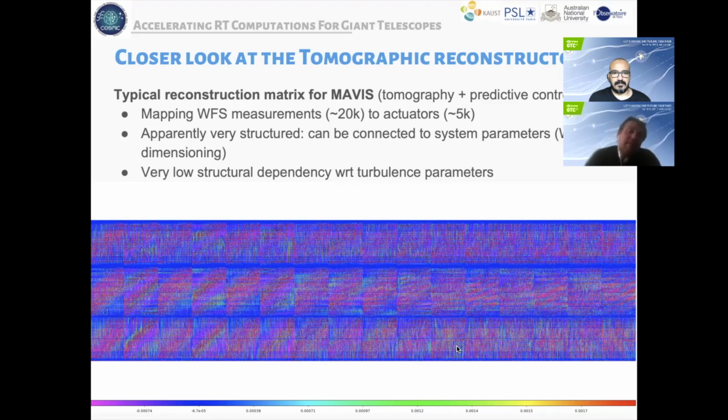And what we have noticed, an important aspect of this matrix, is that it has very low structural dependency with respect to the turbulence parameters. So this apparent structure comes really from the system dimensioning more than the operating conditions.